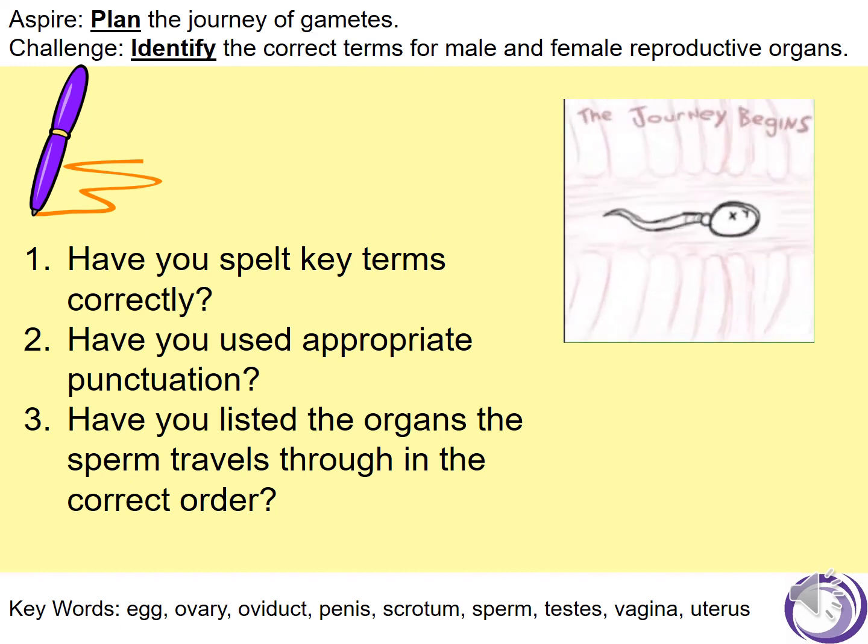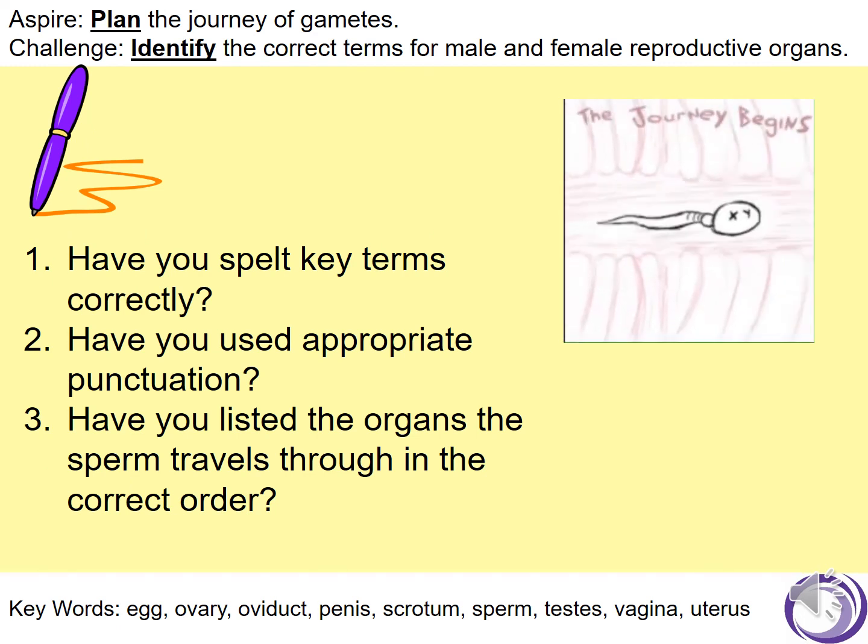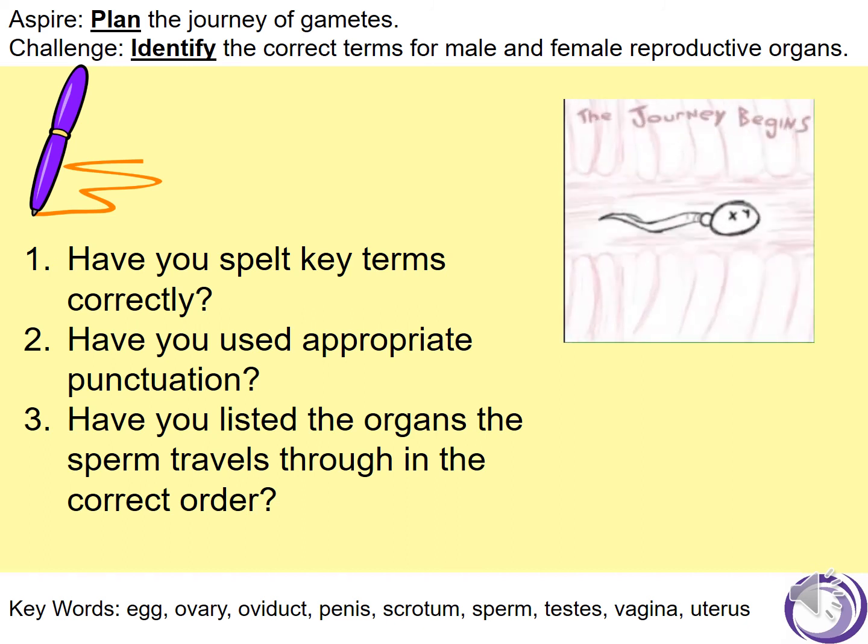So we've already checked number 1, have you spelt the key terms correctly? Let's make sure that we have got appropriate punctuation. Do we have commas? Do we have capital letters? Try and reread your work back to you and a full stop at the end. Let's just make sure that we have those organs in the correct order for number 3 as well.